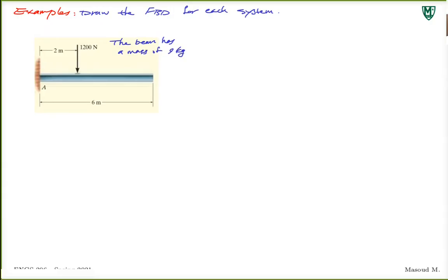It's not important. The numbers are not important. Now, I'm going to draw the free body diagram for this beam. I'm going to isolate the beam right here, isolate this structure.